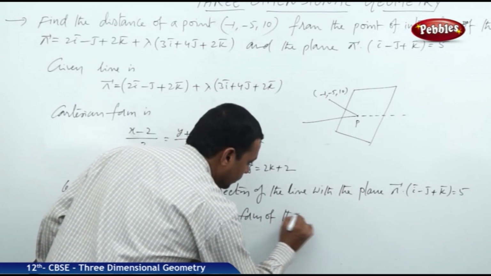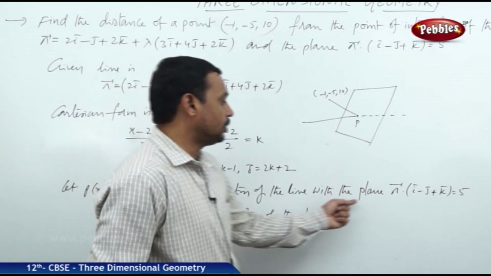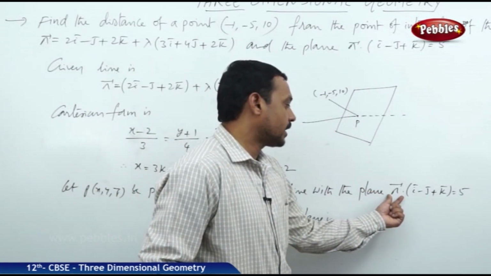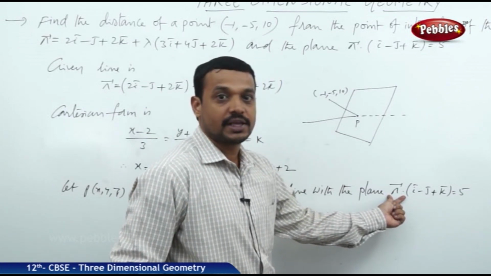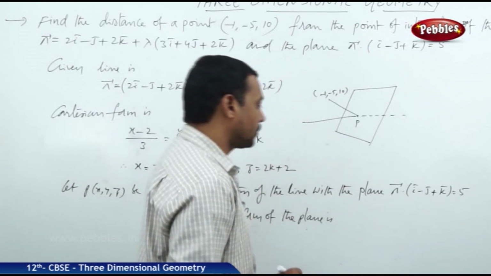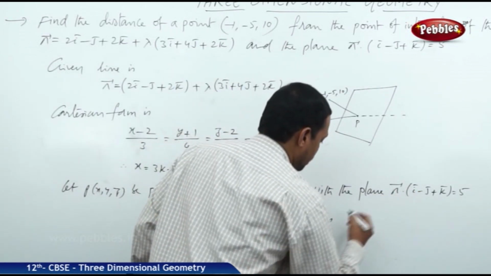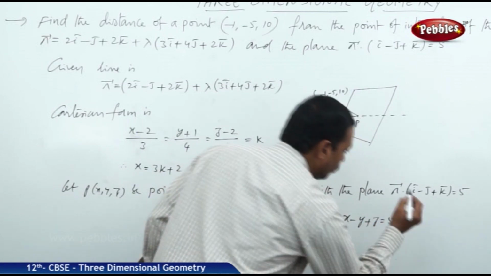To convert into Cartesian form, we consider r bar as a general vector xi plus yj plus zk. Now, substitute and apply the dot product there. It changes to x minus y plus z is equal to 5.